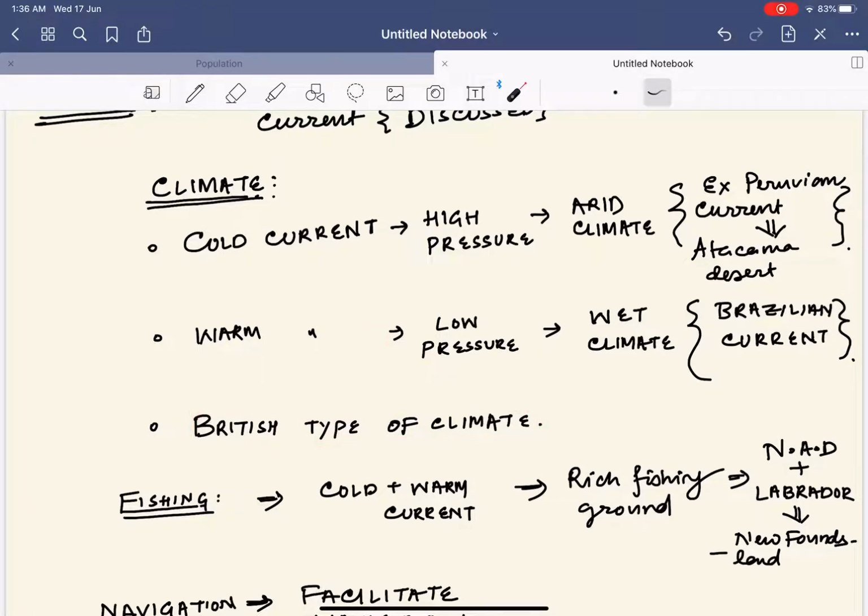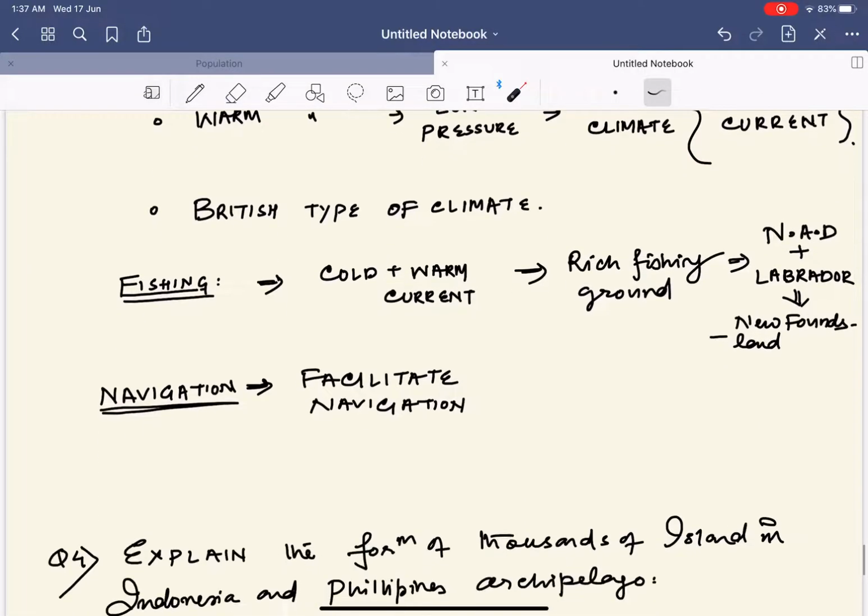What is this British type of climate? It is found in Western Europe. In this climate, throughout the year you have 130 centimeters of rainfall under the influence of the warm current.